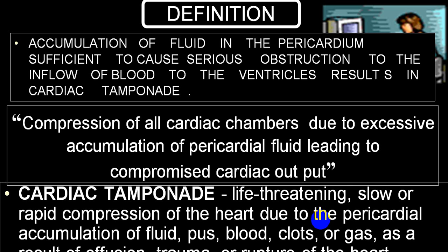Or we can say that it is a life-threatening, slow or rapid compression of the heart due to pericardial accumulation of fluid, maybe pus, maybe blood, maybe clot, or maybe a gas, as a result of effusion, trauma or rupture of the heart. But basically it is a collection of fluid in the pericardial sac which results in compression or increased pressure from outside, which does not allow the cardiac chamber to fill during diastole.